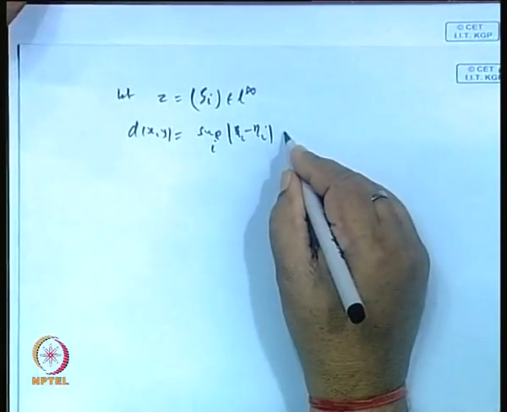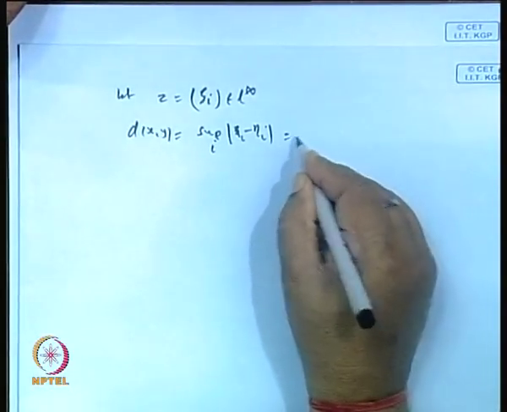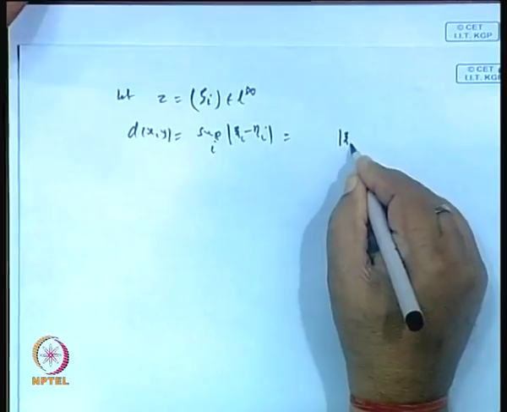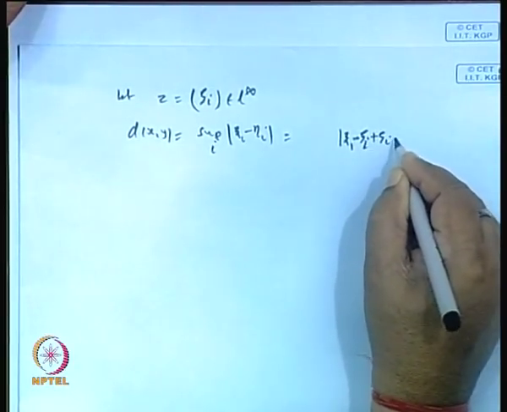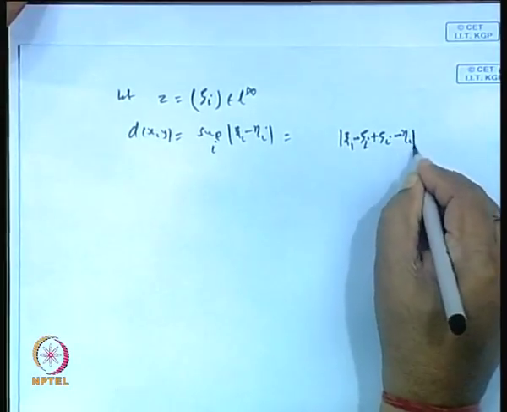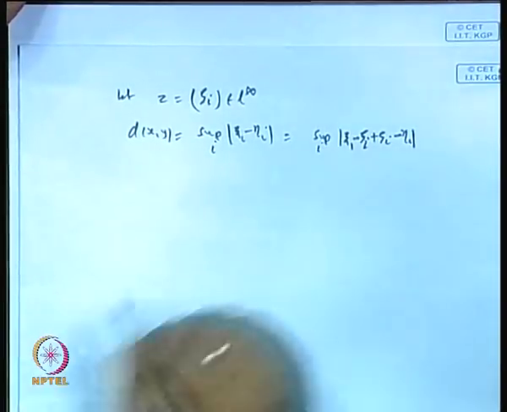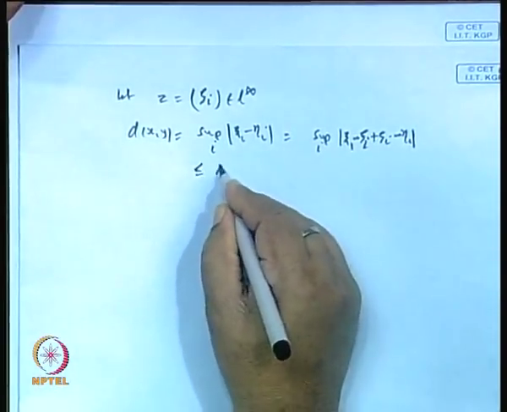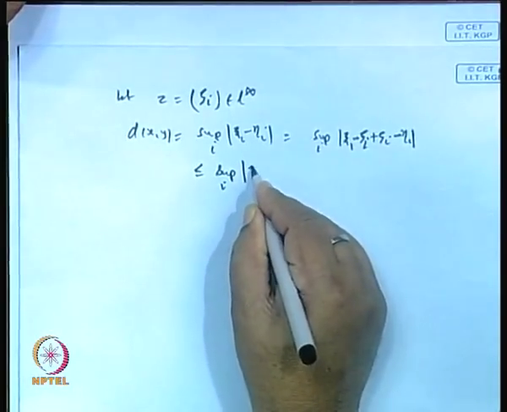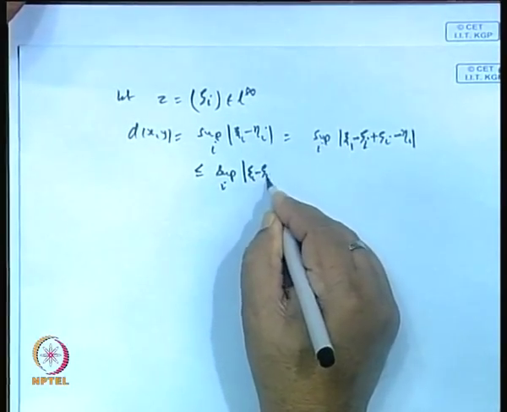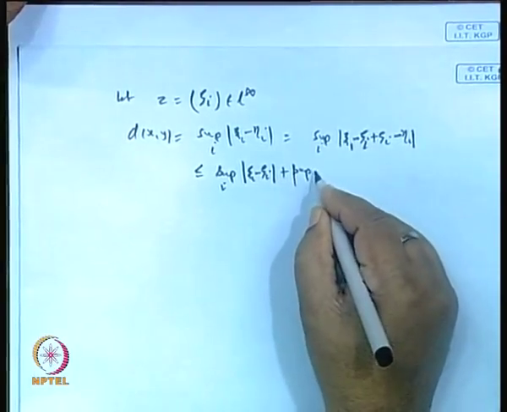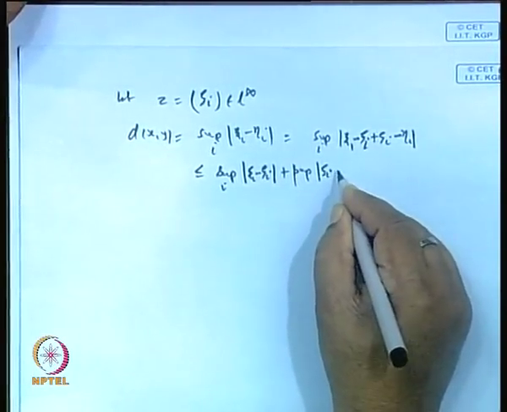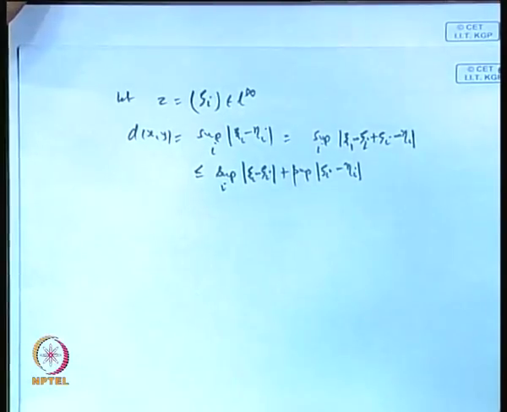Now, if I add and subtract, we get xi_i minus zeta_i plus zeta_i minus eta_i, and take the supremum over i. This will be less than or equal to the supremum of |xi_i minus zeta_i| plus the supremum of |zeta_i minus eta_i|.